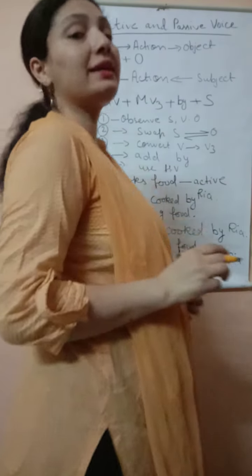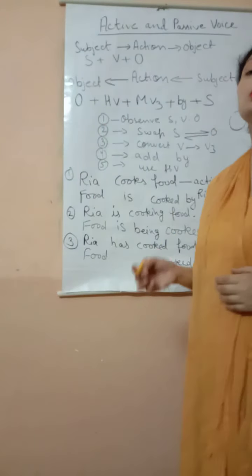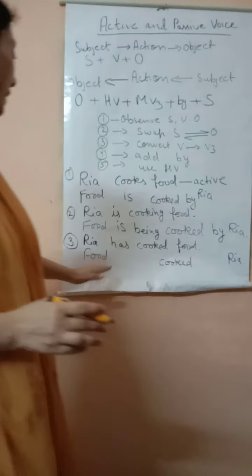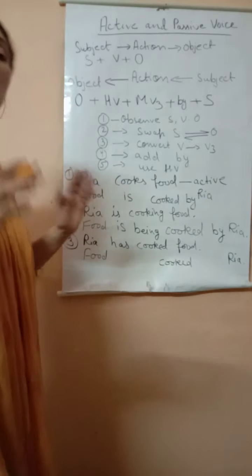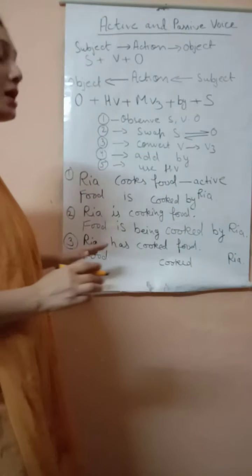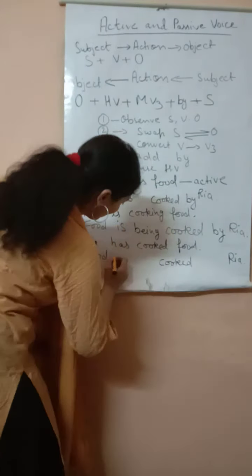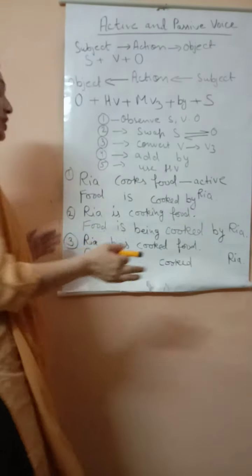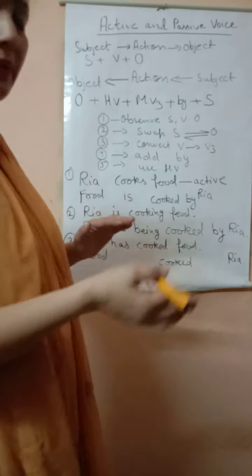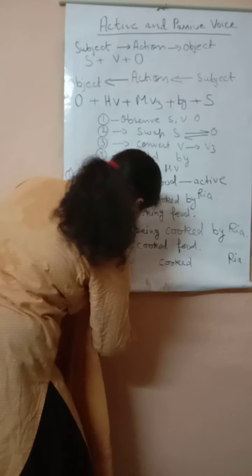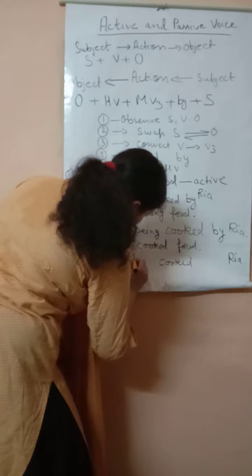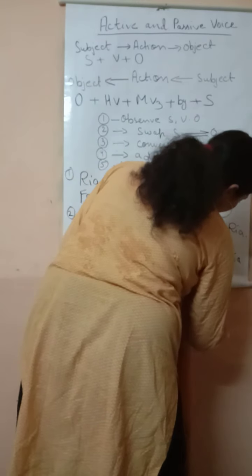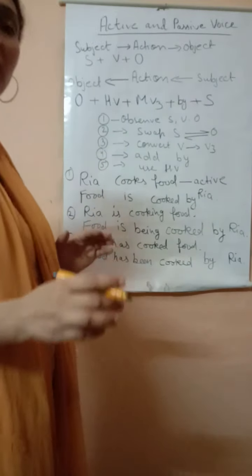And in present perfect tense, we use the helping verb has been or have been. So here with my object food, I am going to use has been, as this is a singular object, food. And now the object becomes the subject, and subject became the object. Food has been cooked by Ria.